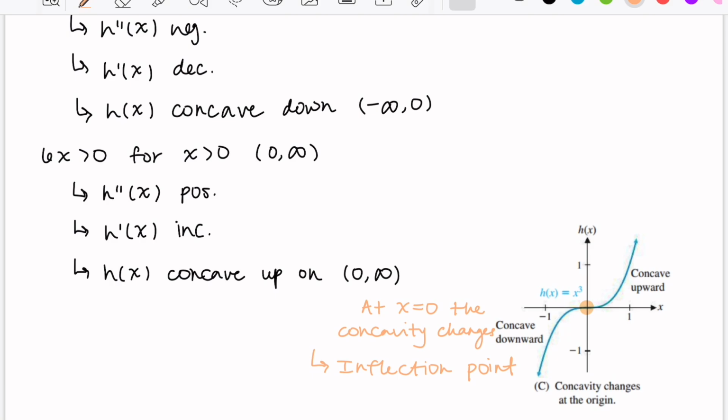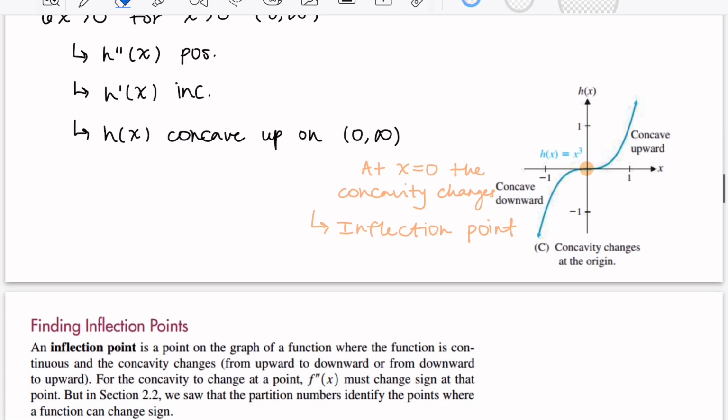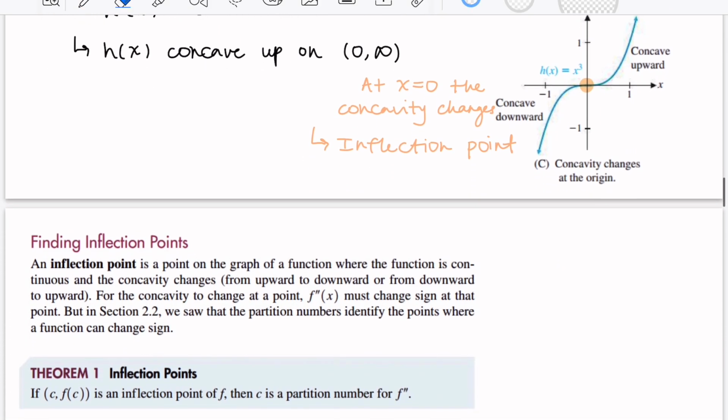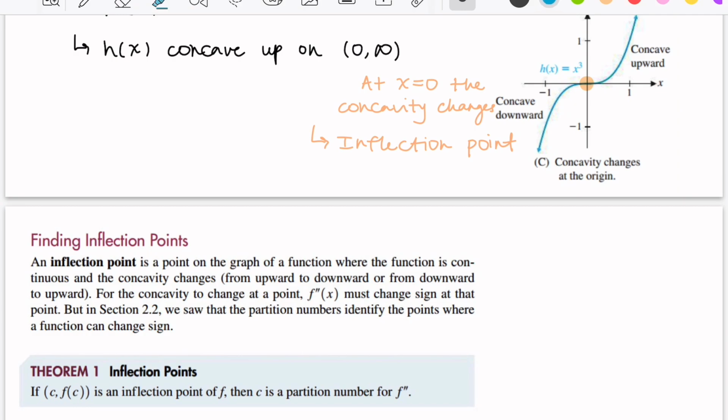All right, so that brings us to finding inflection points. So, like I said, an inflection point is a point on the graph where the function will be continuous and the concavity changes. It can be from upward to downward or from downward to upward.